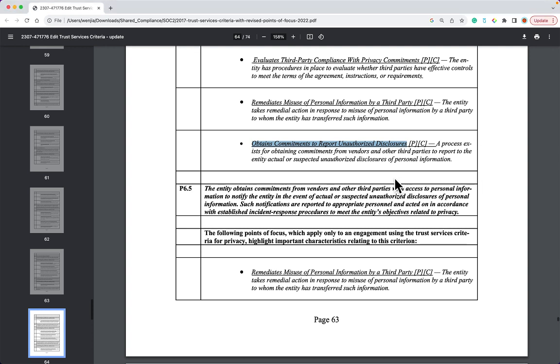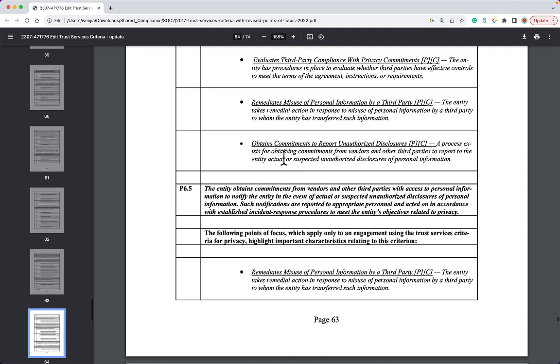So if any unauthorized disclosure happened, you have to know, because you are required to let your user know, let the data subjects know.